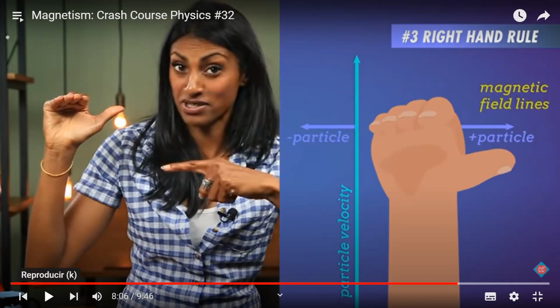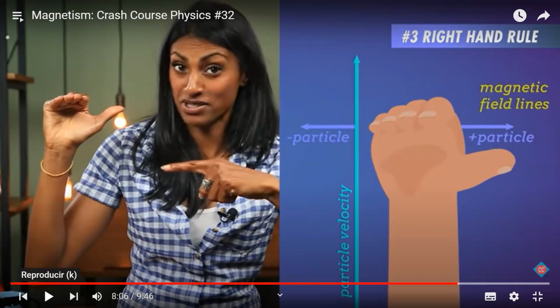So it's going to be the same thing. Your arm is indicating the direction of the particle, where the particle is moving. The fingers are going to indicate the direction of the magnetic field. And your thumb is going to indicate the force. This is where nature kind of tried to do a weird joke, because if the particle is positive, then your thumb is pointing in the direction of the force.